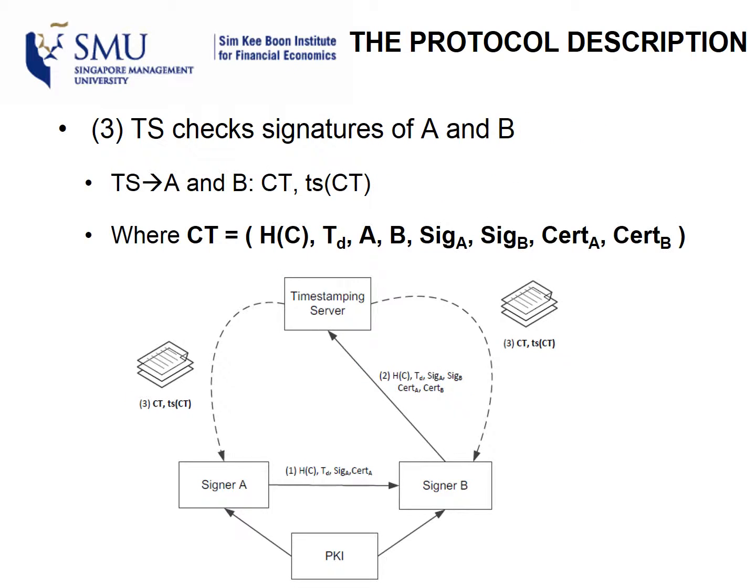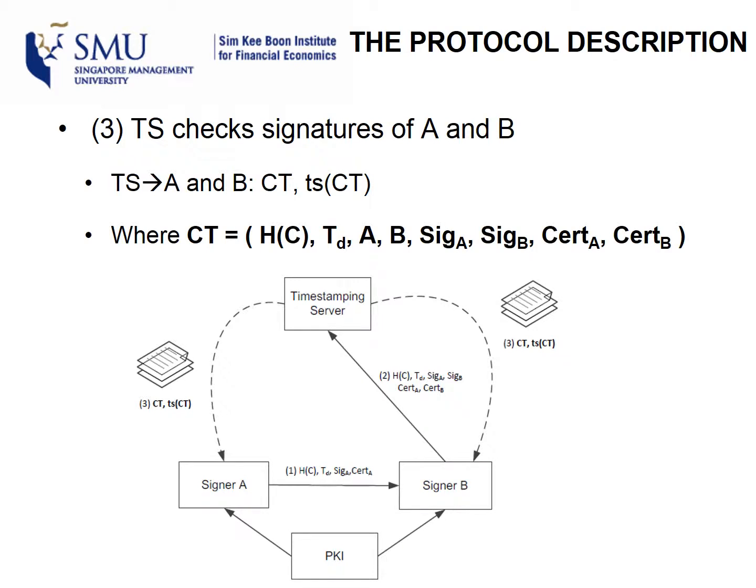When the timestamping server TS receives the message from signer B, TS would check the signatures of A and B. If the checks are successful, then TS would send the following message to A and B. This message contains two items. The first item is a signed contract, and the second item is a timestamp over the signed contract.